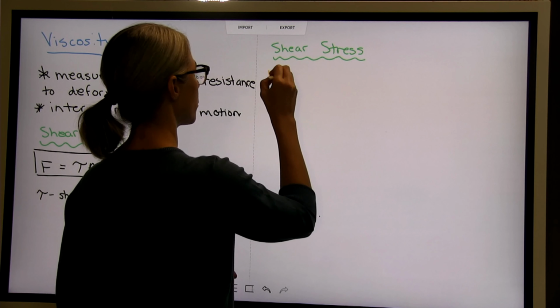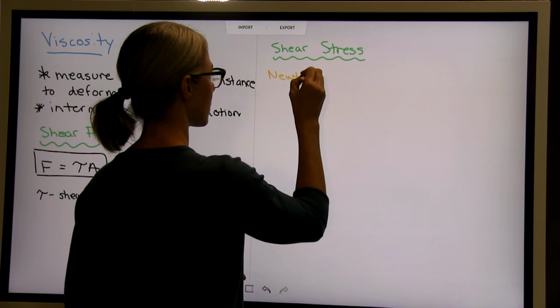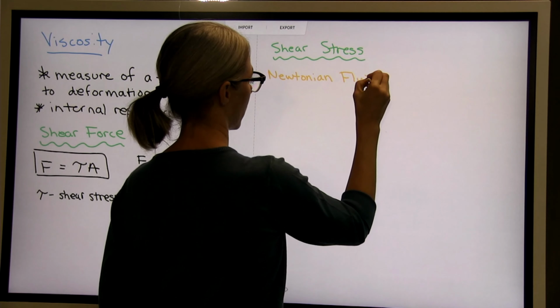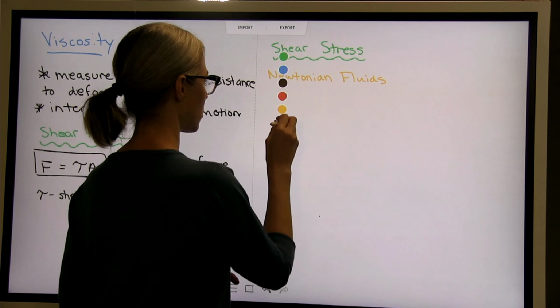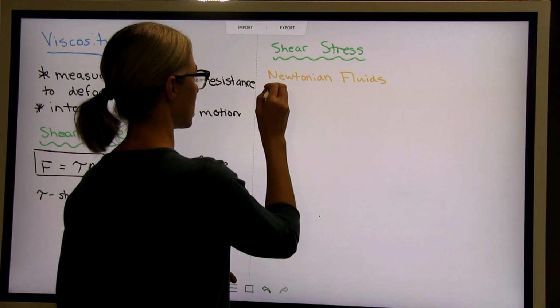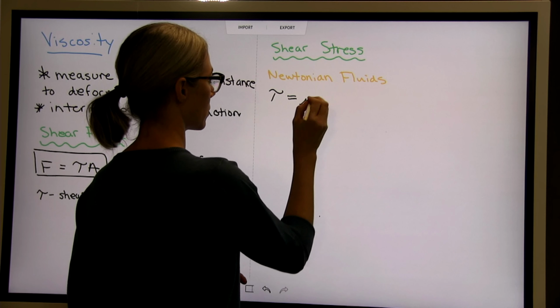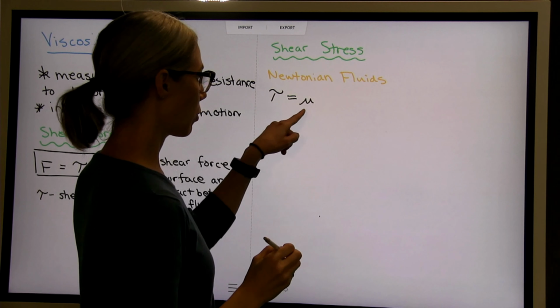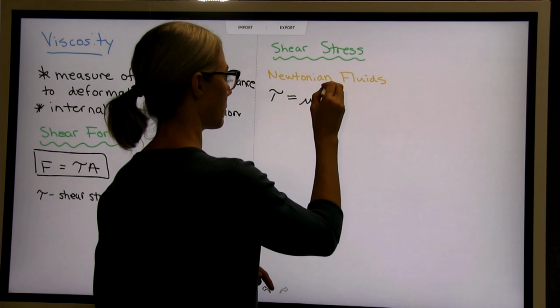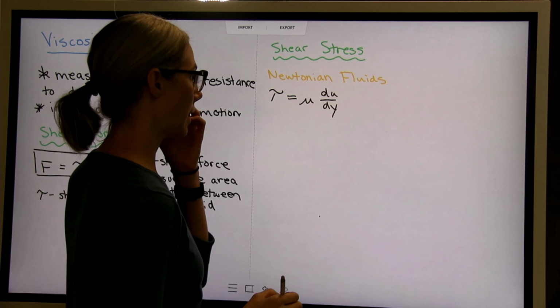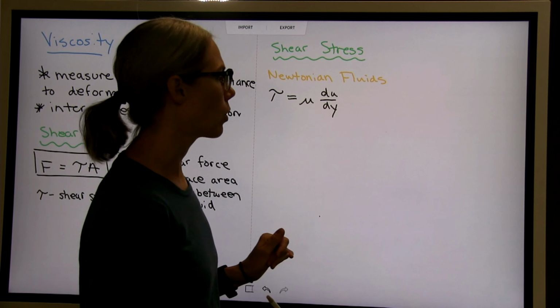So for Newtonian fluids, our shear stress is defined as tau equal to this proportionality constant times du over dy. And we're going to define all these in just a moment here.